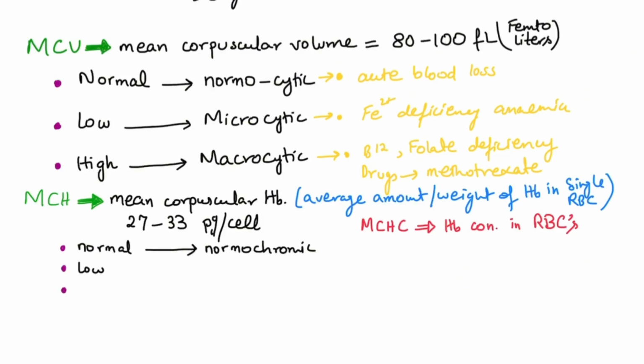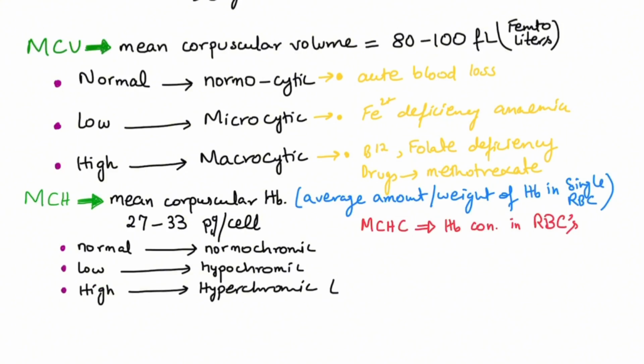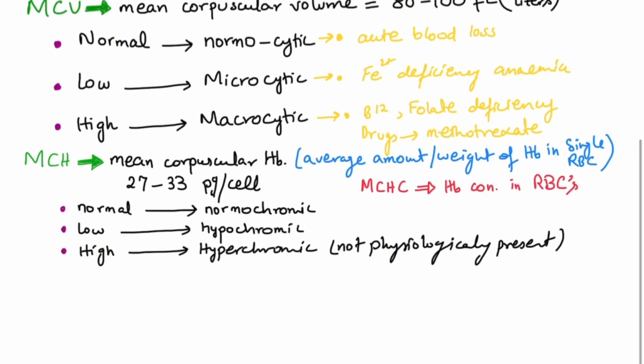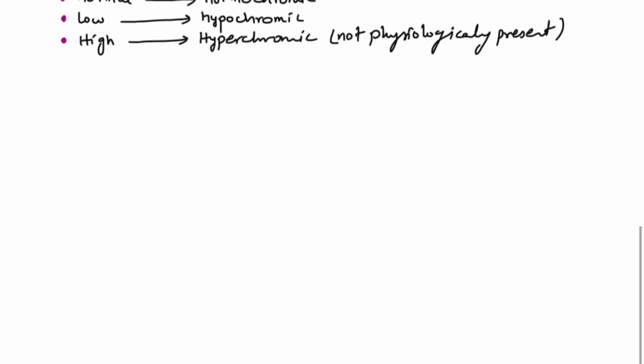On the report, the value could be normal, low, or high. If it is normal, it is normochromic. For the low, we have hypochromic, and for the high, hyperchromic, but hyperchromic does not usually exist in the physiological state. So that's it about the MCV and MCH.